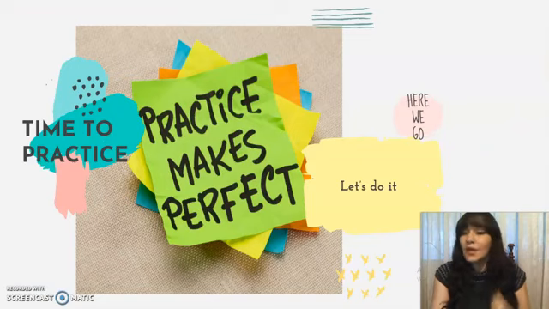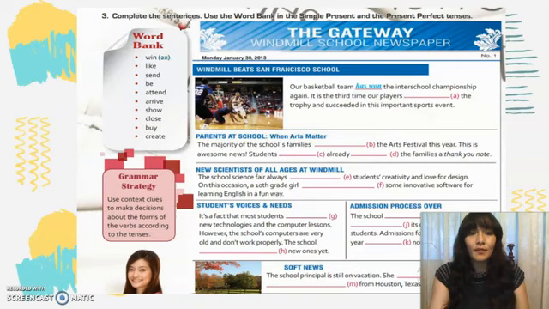Now it's time to practice. You know that practice makes us better, makes us perfect. So let's practice. Here we have to complete. You have to do this activity alone. To do this activity, you have to pause the video and then come back in order to review the activity together. Okay?